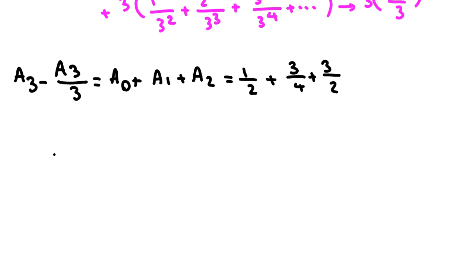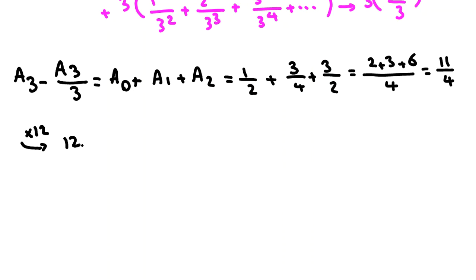So here, let's calculate this first. We factor out 4: it will be 2 plus 3 plus 3 times 2, 6. 6 plus 2 is 8, 8 plus 3 plus 3, 11 over 4. Let's multiply by 12.